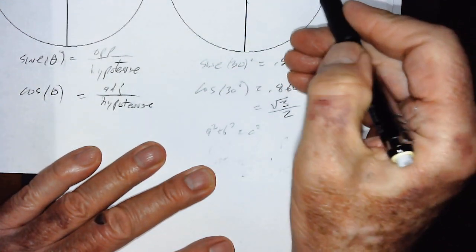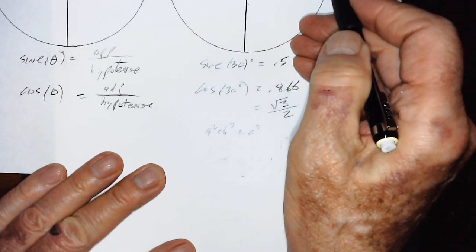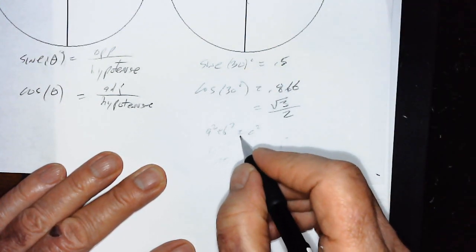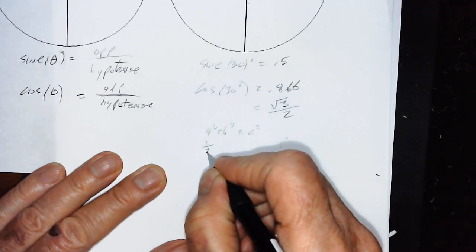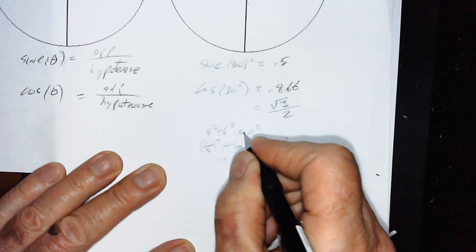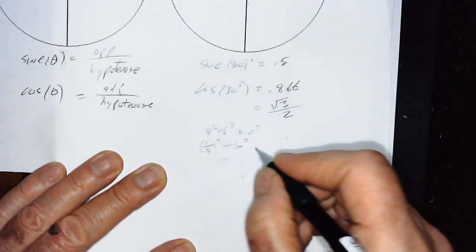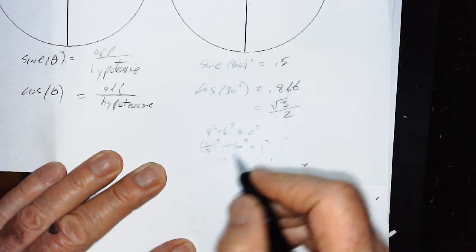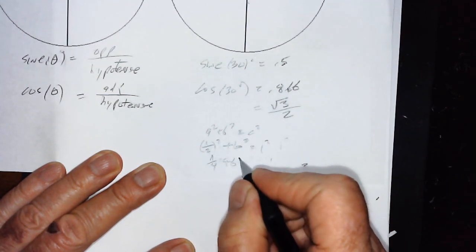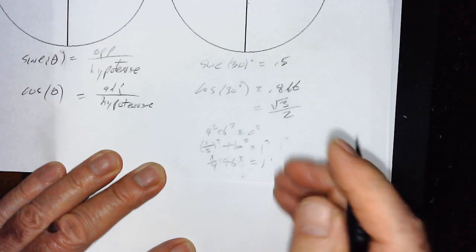Okay, I call this 0.5. Let's call it 1/2. It's the same thing as 0.5. So we have 1/2 squared plus b squared equals 1 squared. 1/2 squared is 1 over 4 plus b squared equals 1.